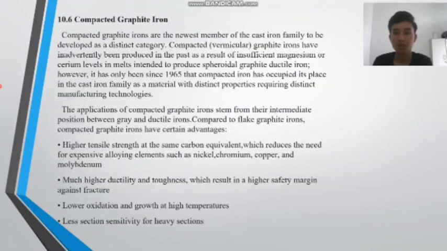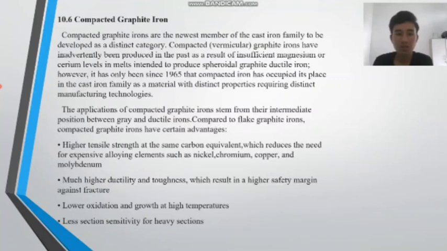However, it has only been since 1965 that compacted iron has earned its place in the cast iron family as a material with distinct properties requiring distinct manufacturing technologies. The applications of compacted graphite irons stem from their intermediate position between gray and ductile irons.